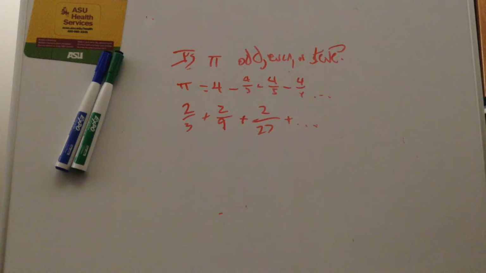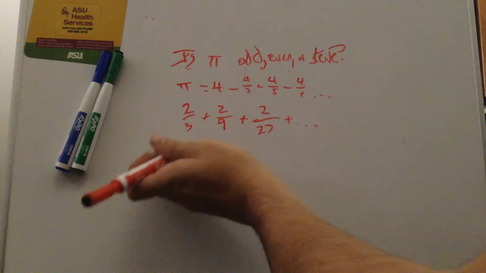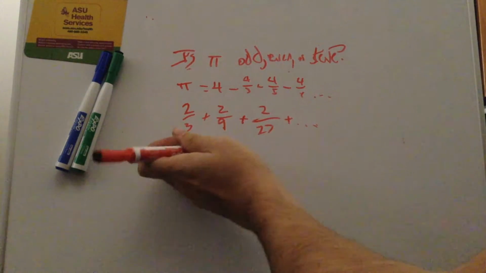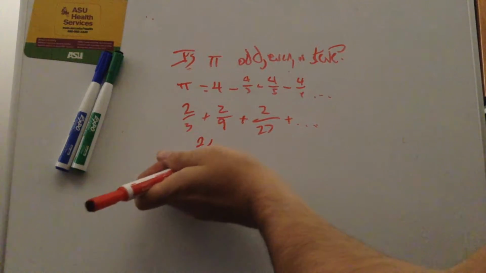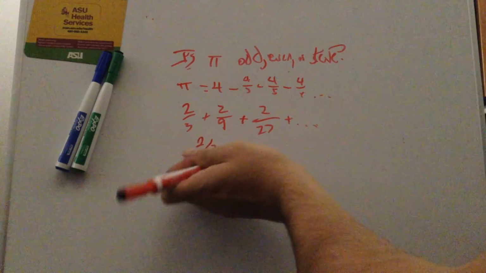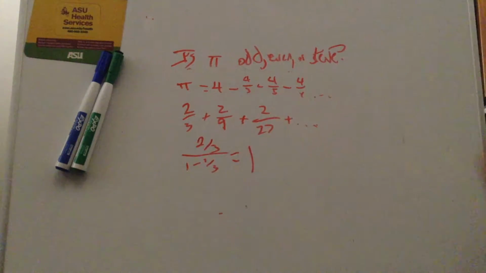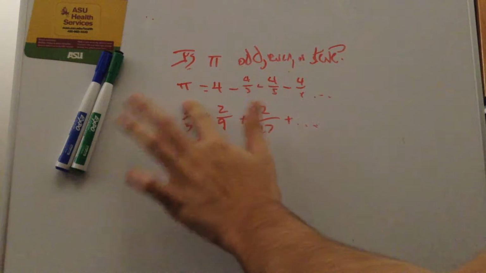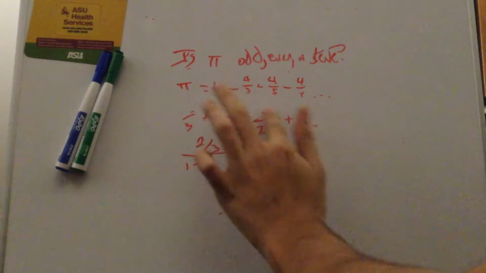We expect the sum of evens to be even, but if we try it out, we get 2/3, ratio is 1/3, so 1 minus 1/3. 2/3 over 2/3 is 1, which is odd.